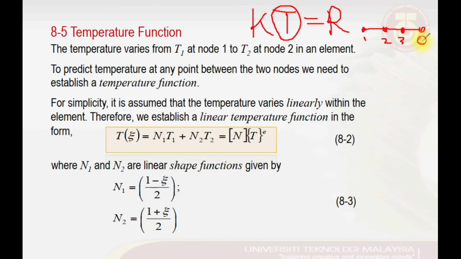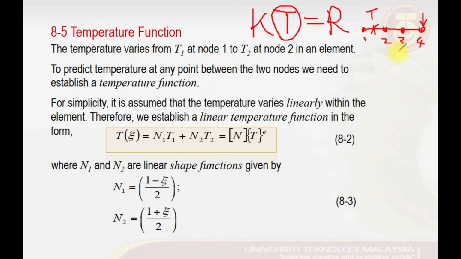In many cases, sometimes we also need to predict what is happening somewhere in between two nodal points, where at this stage we still do not know the temperature at that particular point. The temperature that we obtain from the system of linear equations is the temperature that resides exactly on the nodal point.